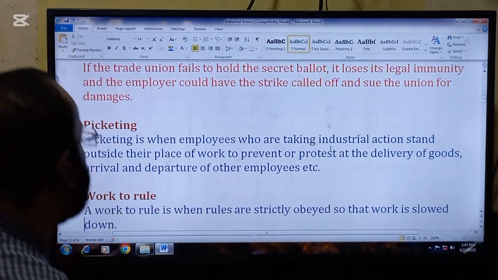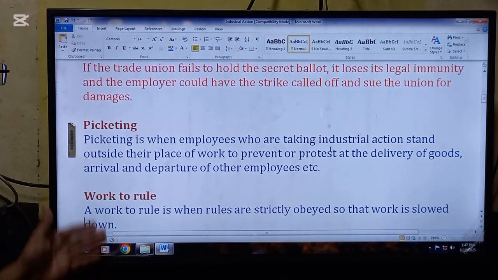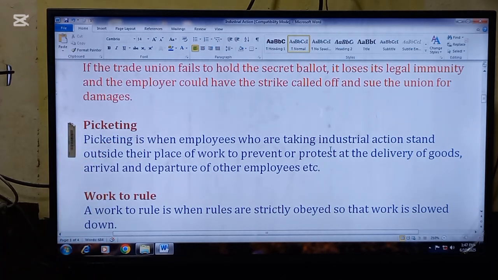Next type of the industrial action is picketing.